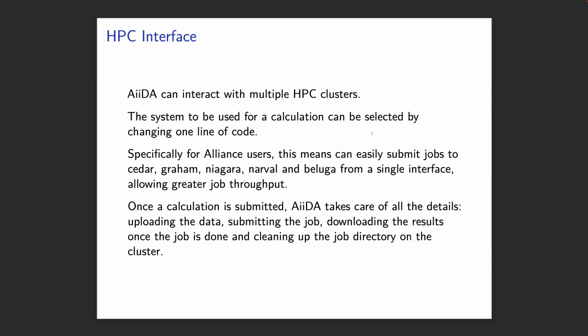So that's quite useful. And then AiiDA will download and combine results from different clusters without any problem into a single set of results. Once a calculation is submitted, AiiDA takes care of all the details. It uploads the data, submits the job, downloads the results once the job is done, and cleans up the job directory on the cluster when the job is finished.